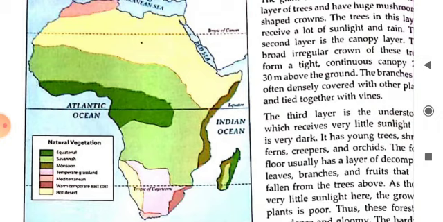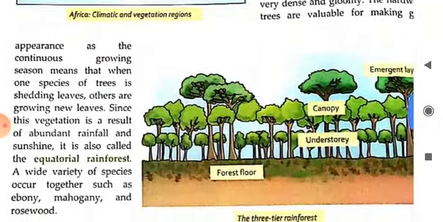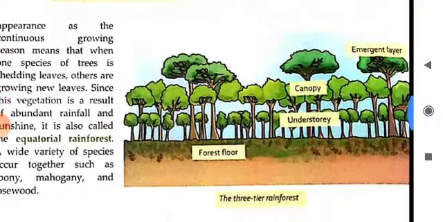Vegetation. The vegetation consists mainly of hardwood broadleaf trees. Although the trees are deciduous, the rainforest has an evergreen appearance.